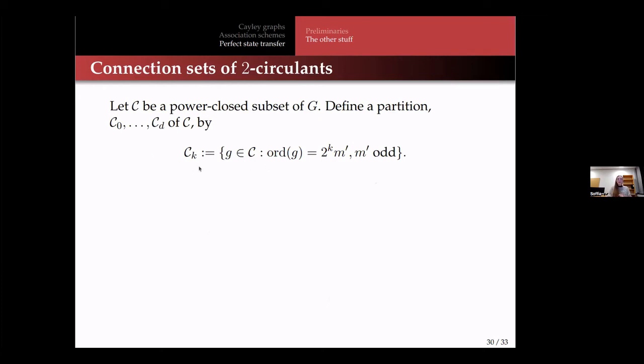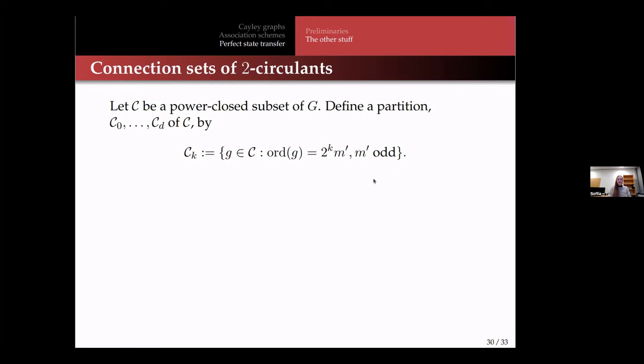And so we're going to have the connection set be closed under this power equivalence relation that we defined earlier. So we can just assume that our connection set is power closed, because otherwise it does not have perfect state transfer. So we take a power closed subset of G, which means that it is closed under this power equivalence relation.